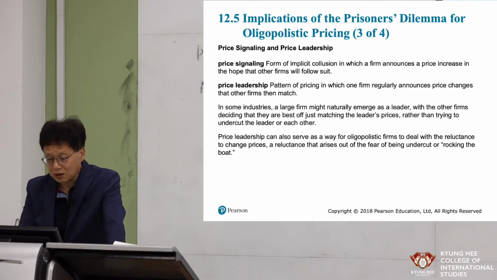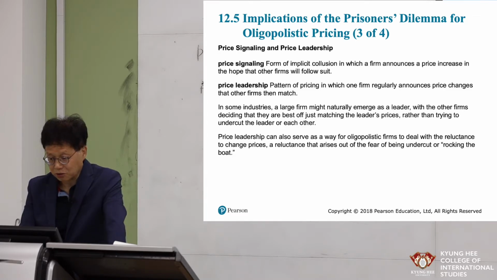In some industries, a large firm might naturally emerge as a leader, with other firms deciding that they are best off just matching the leader's prices rather than trying to undercut each other.